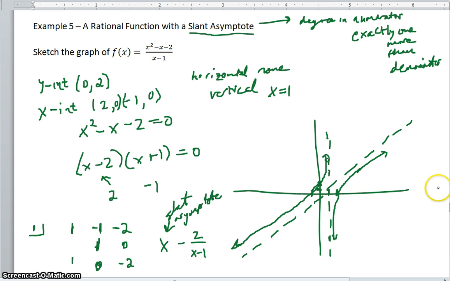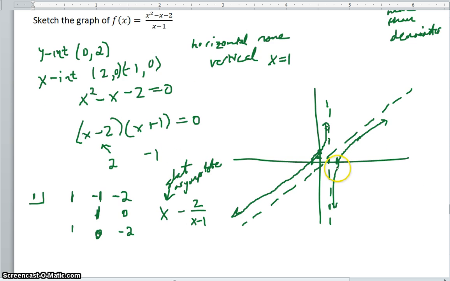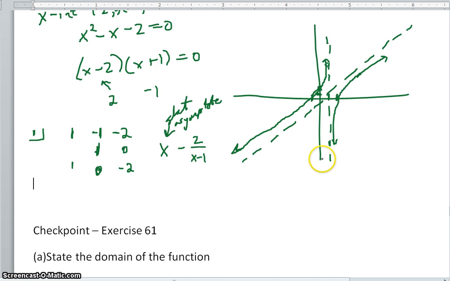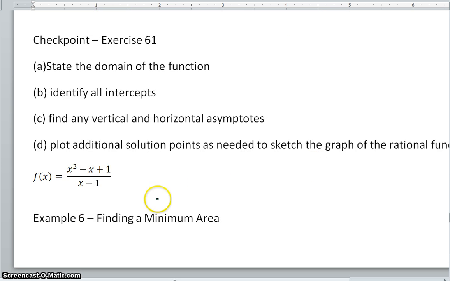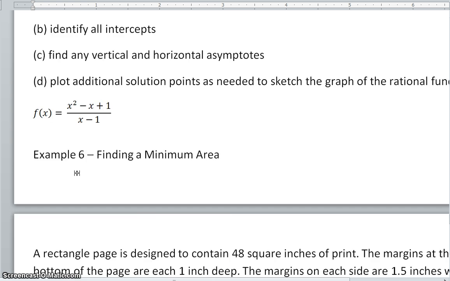So the connections that we talk about tend to show up. So when I get to the checkpoint, you'll have to see that this is a degree 2, this is a degree 1, so that means there's no horizontal one, but there's going to be an asymptote that the graph tends to follow as x gets larger and smaller.